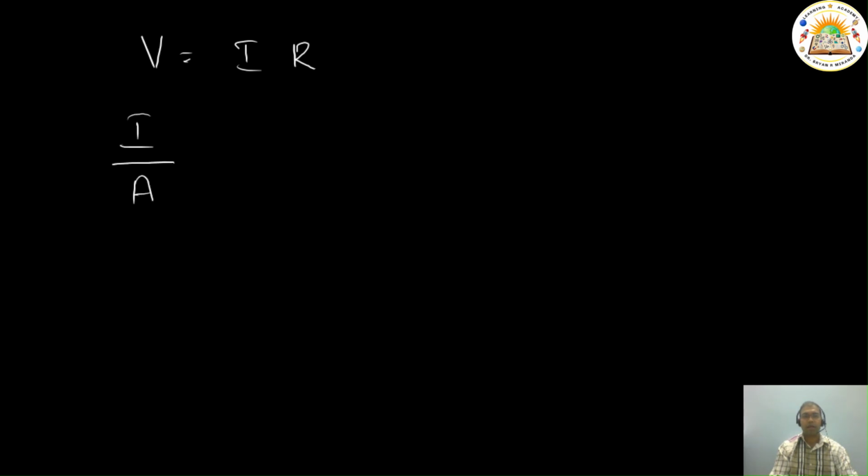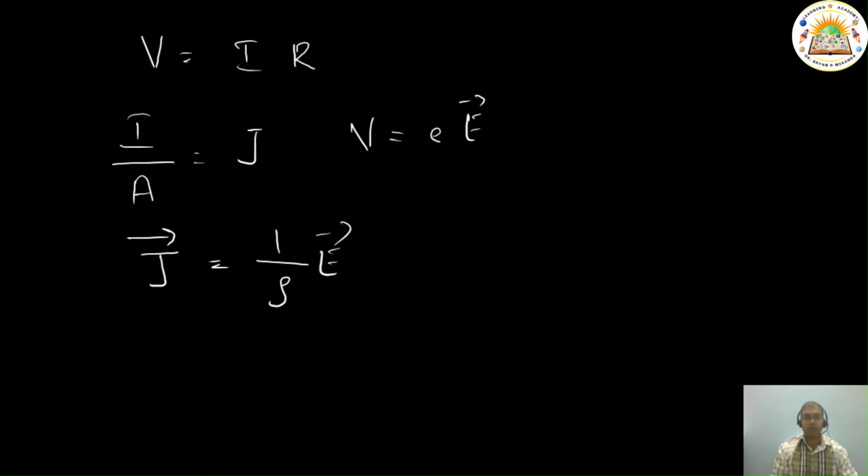I by A is equal to J, and V is equal to E times E vector. So we had current density as 1 by rho times E, that is 1 by resistivity. We took it as conductivity times E vector. We found the electric field is nothing but resistivity times the current density.